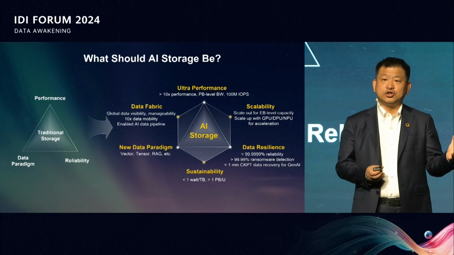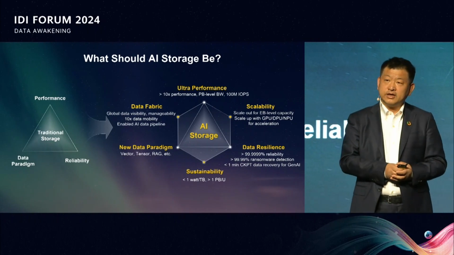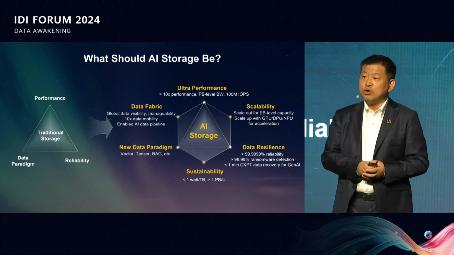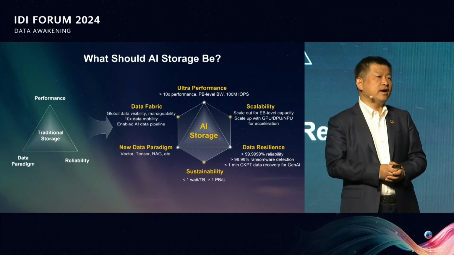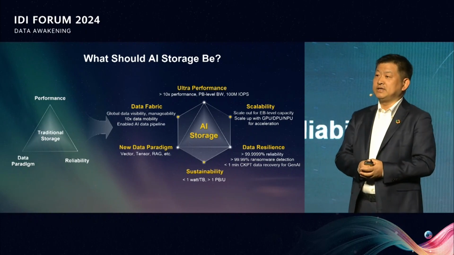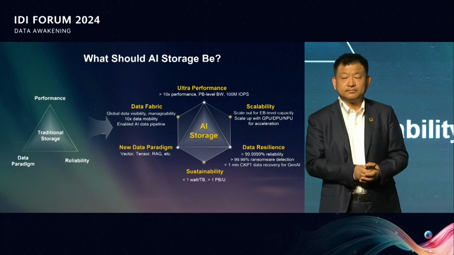This is very important for future utilization. Today, a lot of data moves between the compute and the storage. Some people say 60% of the energy is wasted by that data movement.